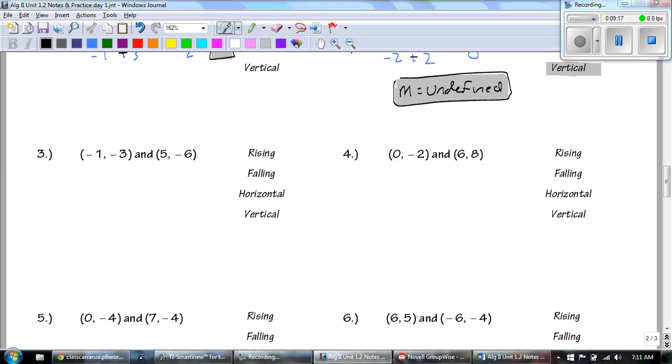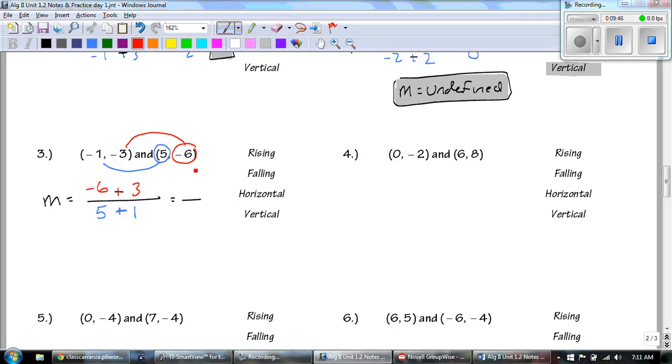All right, number 3. Start with our y's on top, negative 6 minus 3, so that's going to change to a plus. And then on the bottom, we have 5 minus negative 1, so that's going to change to a plus.